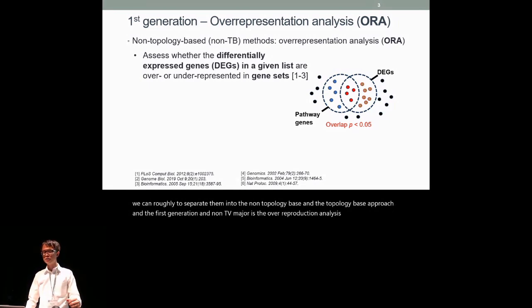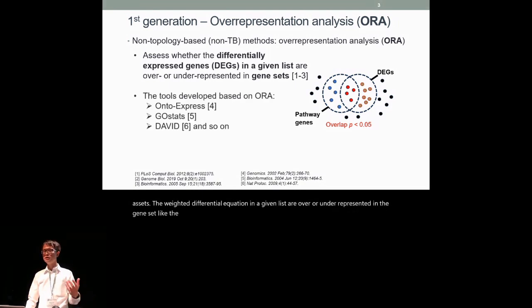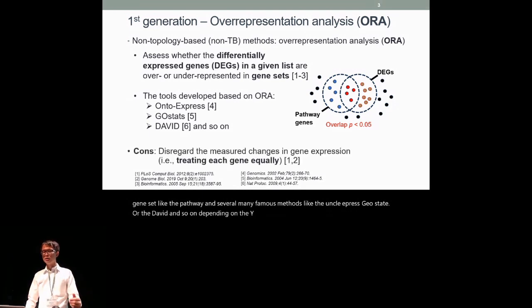ORA assesses whether the differentially expressed genes in a given list are over- or under-represented in a gene set, like a pathway. Many famous methods like Onto-Express, GeneMerge, or DAVID depend on ORA. But the ORA method disregards the meaningful change in gene expression. It means they treat each gene equally.